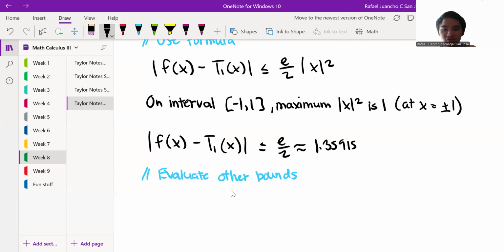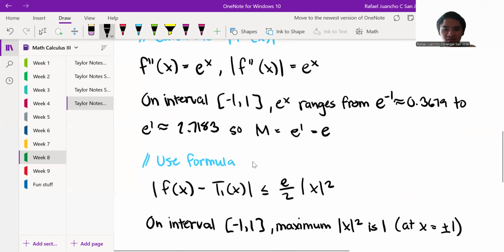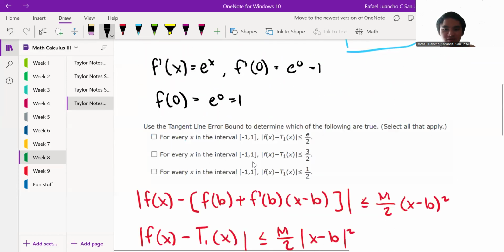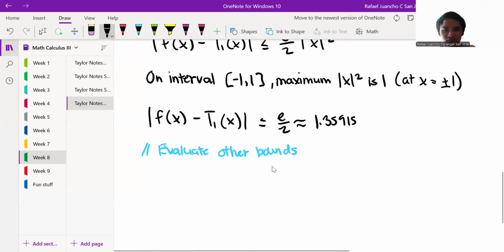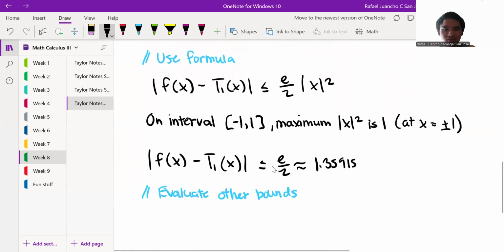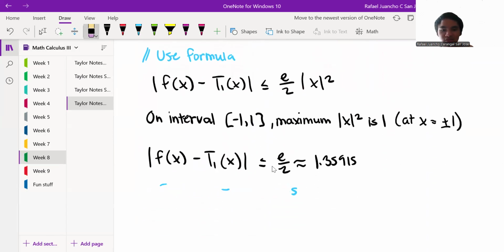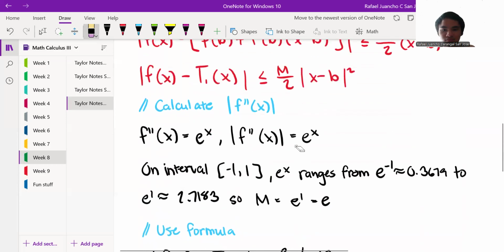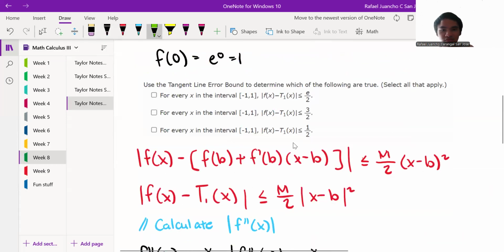So yes, first we try to solve it, right? If we evaluated the other bounds here, let's actually just do that here. So this one's correct, right? Because the error is exactly there.